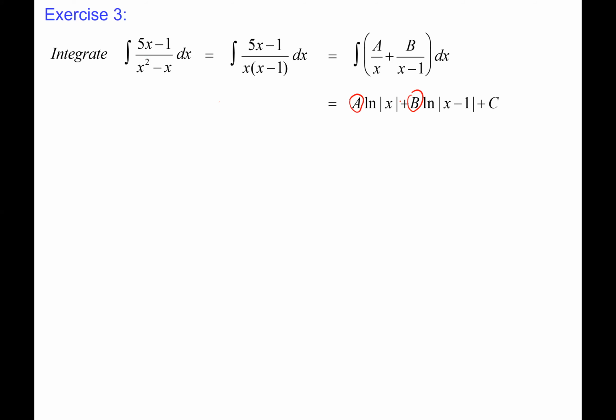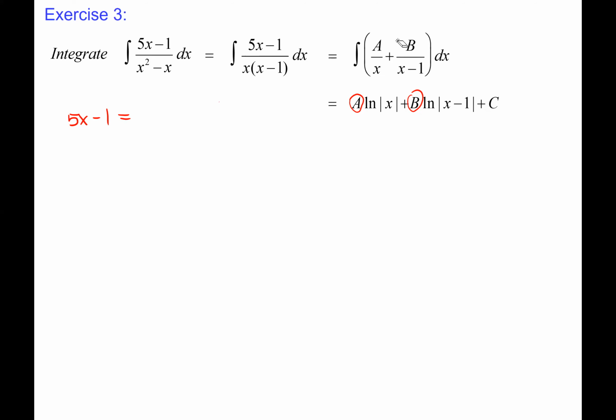Let's do it the same way I showed you in the first integral. The important thing is this is case 1. I have my 5x minus 1 as the numerator.